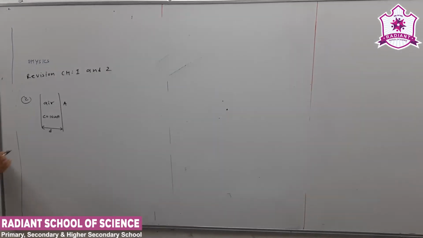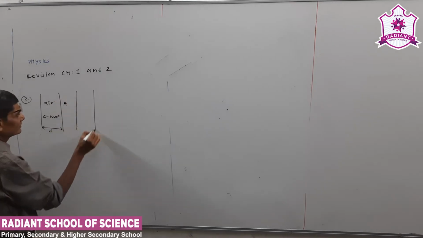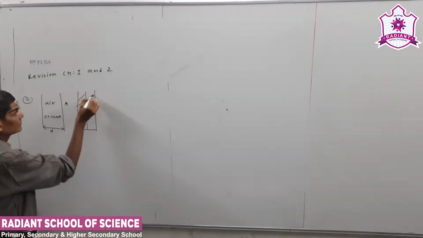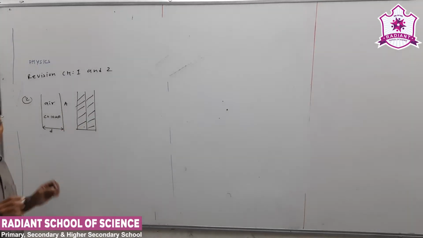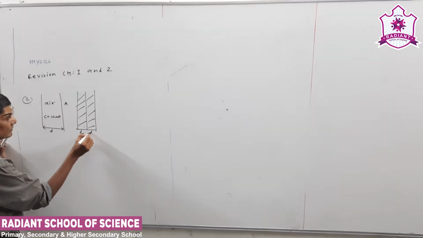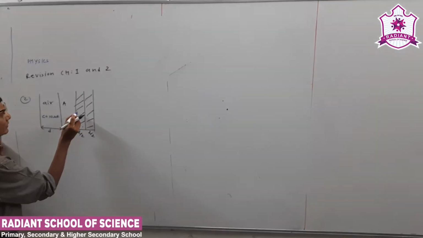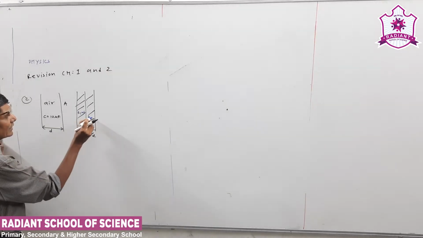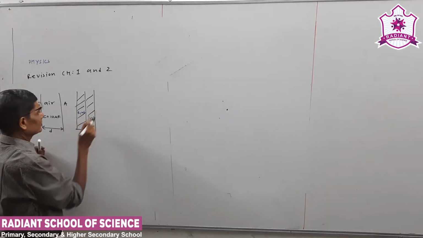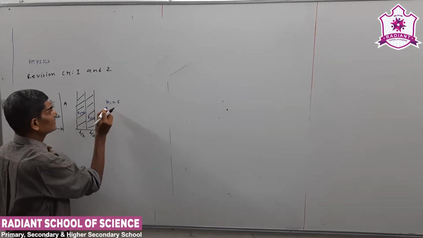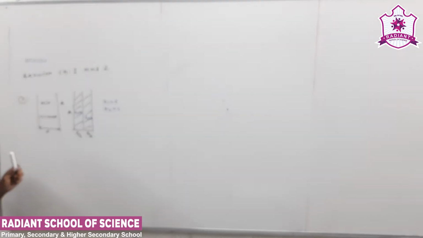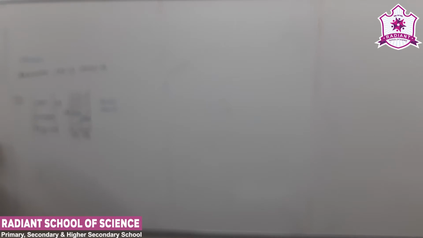Now see, the same capacitor is filled with dielectrics, such that half of the distance has K1 and the second half has K2. See here K1 is 6, K2 is 4. The area remains the same. What will be the new capacitance of the system?